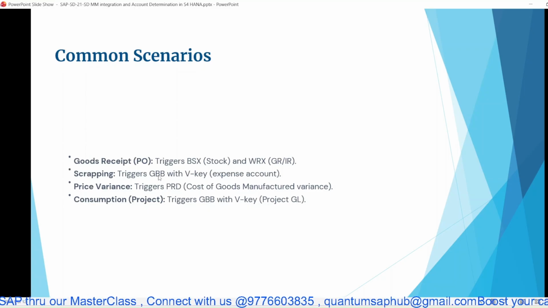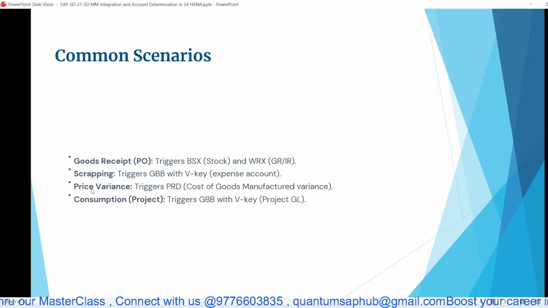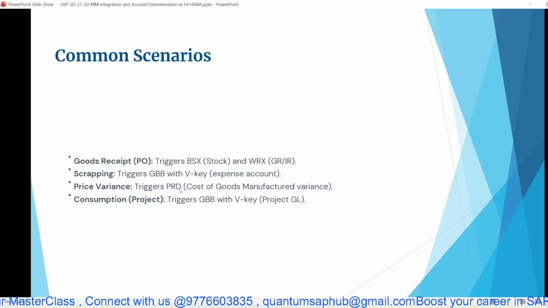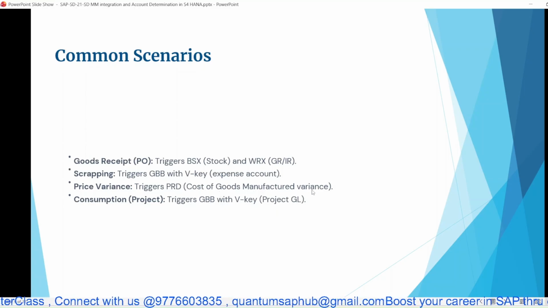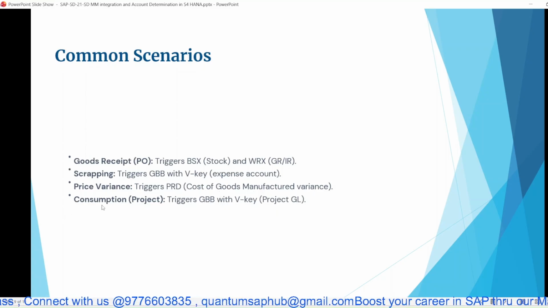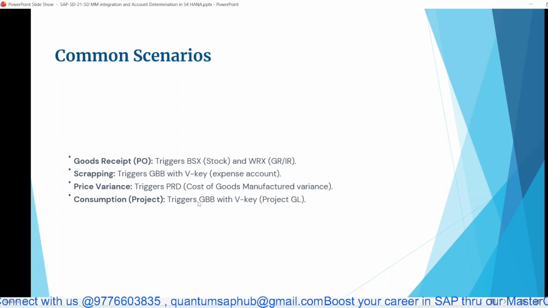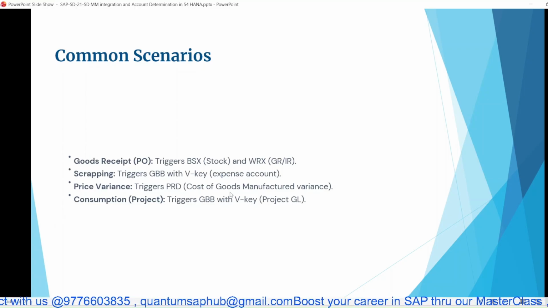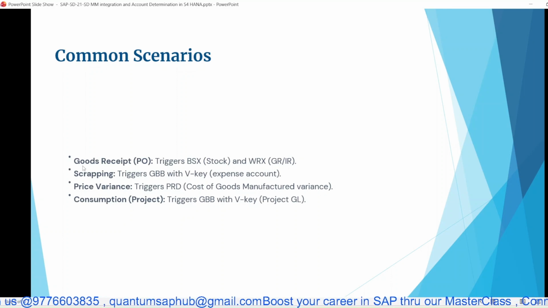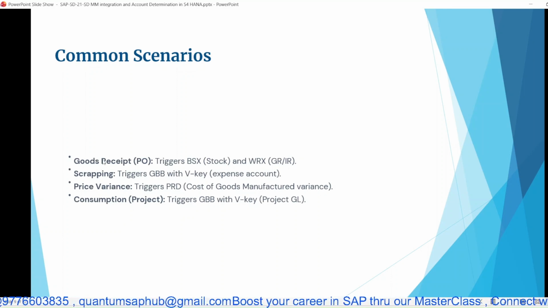Scrapping is GBB with the account modifier, an expense account. Price variance triggers PRD, and consumption triggers GBB. So today we will see about this goods receipt and goods issue.